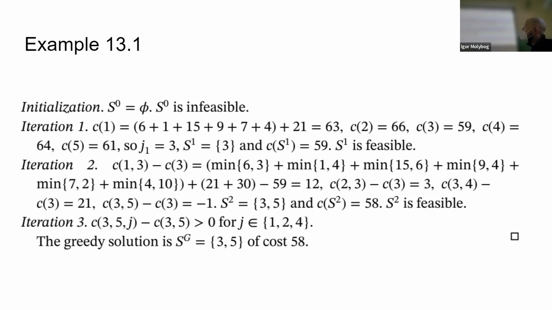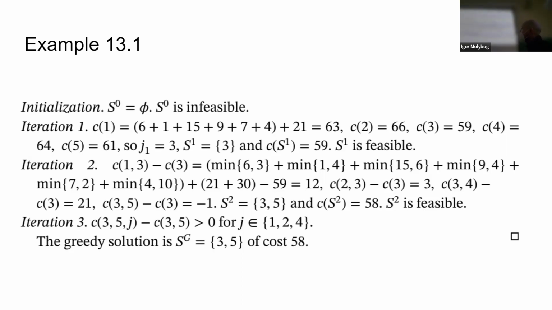Now we consider adding another element. Since we have added 3 so far, we can add 1, 2, 4, 5, or 6 into our bag. So let's see what happens when we add 1.